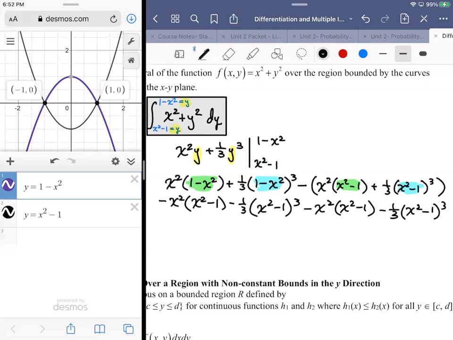Which allows us to streamline this significantly. So we'd be looking at -2 x squared minus 1 minus 2/3 x squared minus 1 cubed.